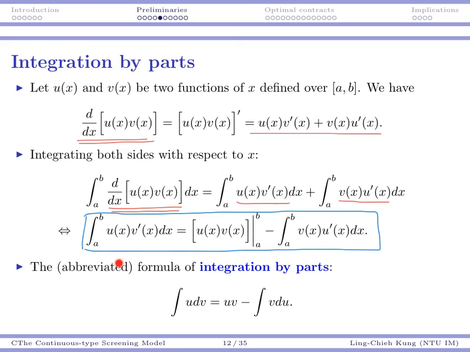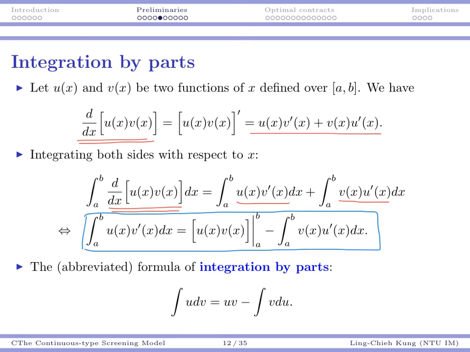When you have one integral to do, then you separate it into two parts, and then following this formula to carry it over. Okay, for most of the time, we would like to use some abbreviated formula to help us memorize it. Okay, and the way we say it is that u dv equals uv minus v du. Okay, u dv equals uv minus v du.